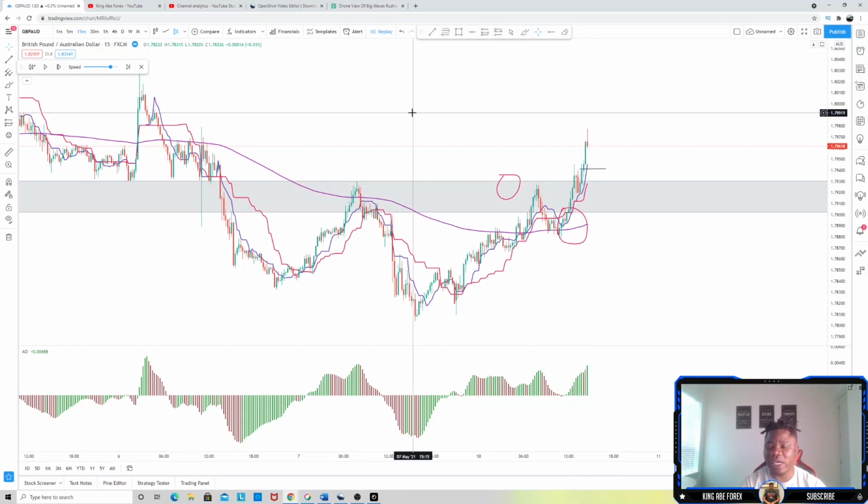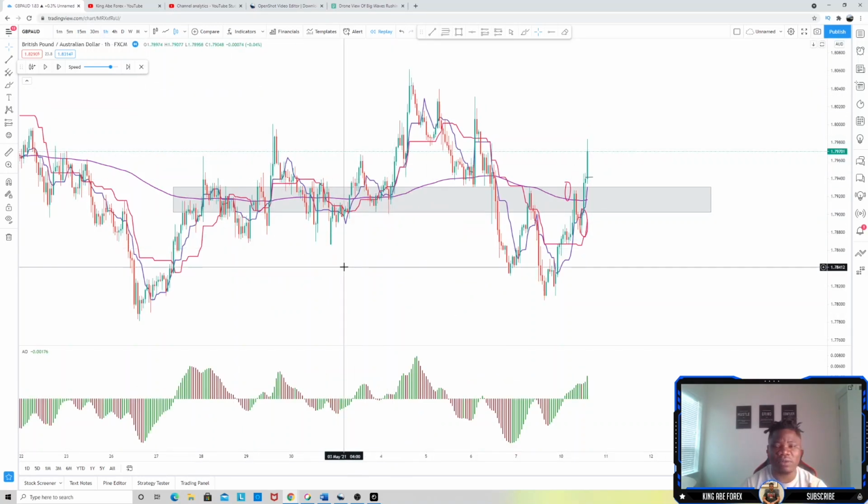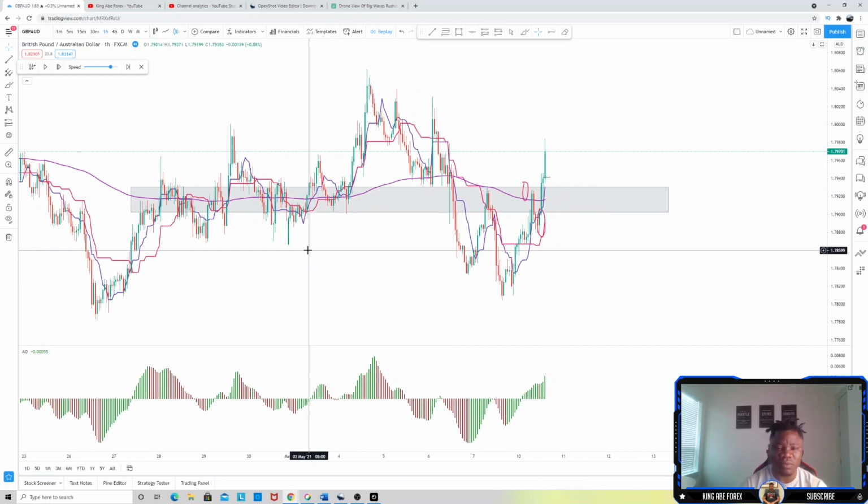Now that you have your entry, to figure out where your take profit is going to be, we have to go back to the 1 hour time frame. Where are we going to target?